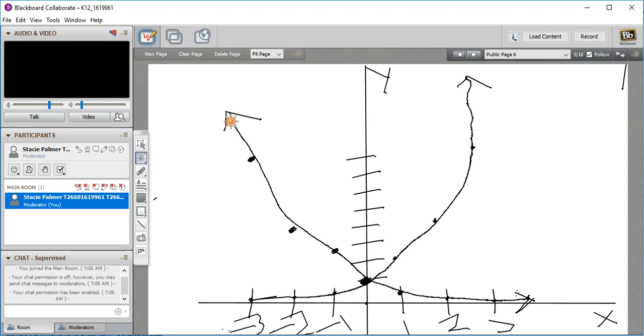This one right here was g of x equals 1/2 raised to the x. It's rapidly decreasing right here, and then that decrease continues to slow as we move to the right. The other one was an exponential increase. It was y equals 2 to the x.